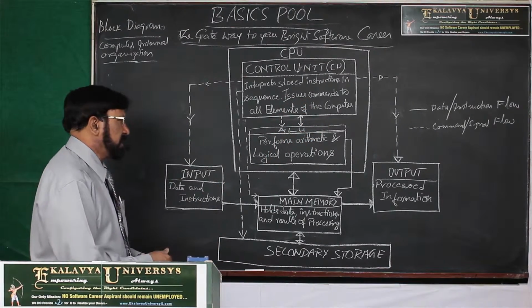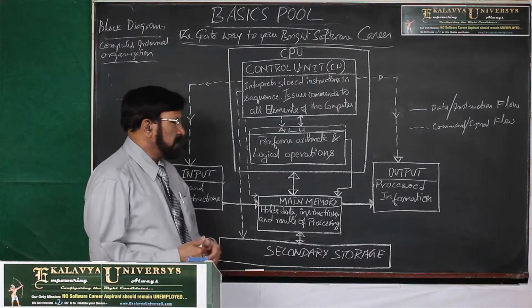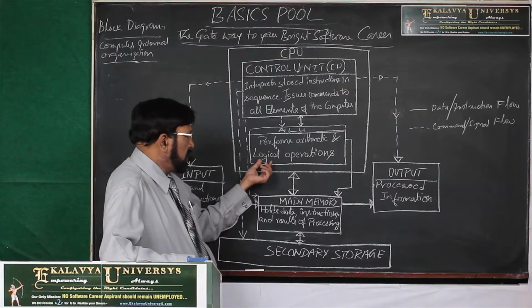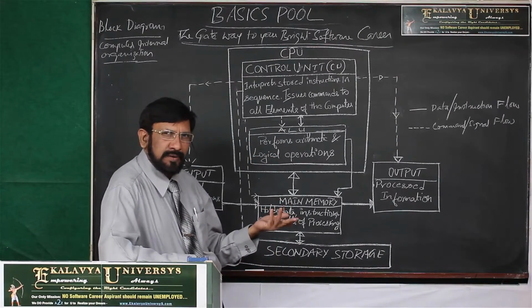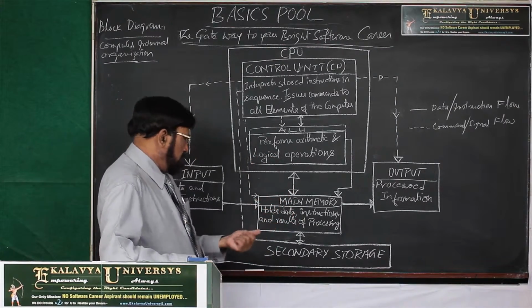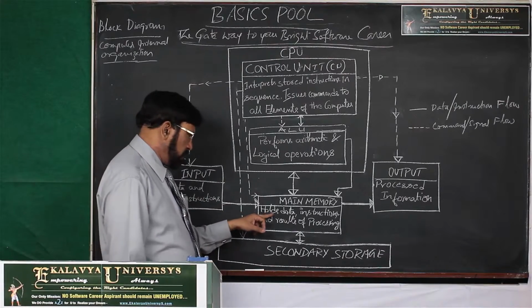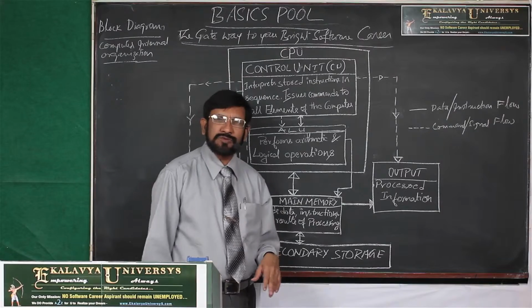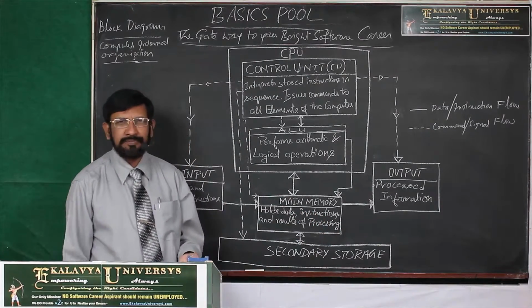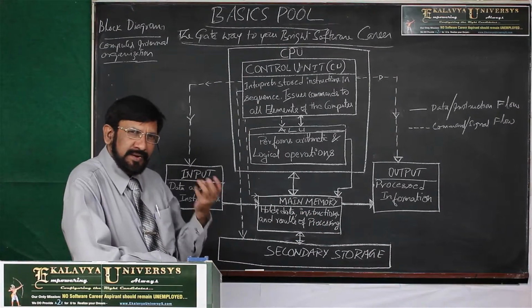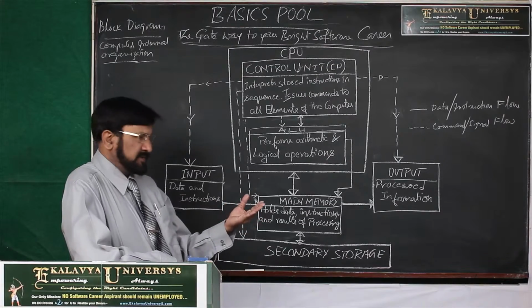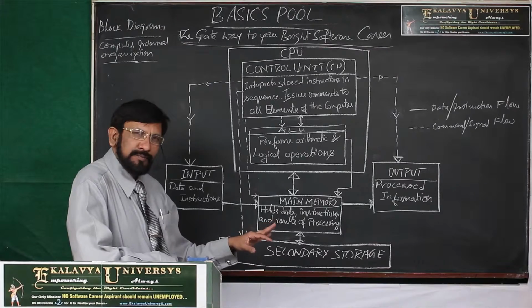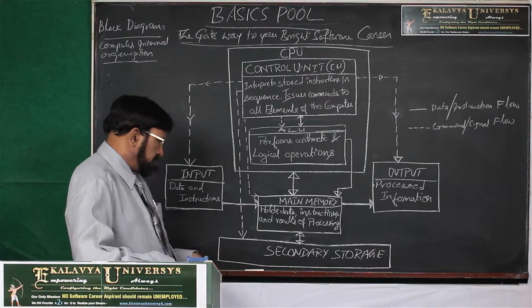That you have to understand. Now what does the ALU perform? The ALU performs the arithmetical and logical operations required in your program. The main memory holds the current data and instructions in the program, and it holds the results of a program.